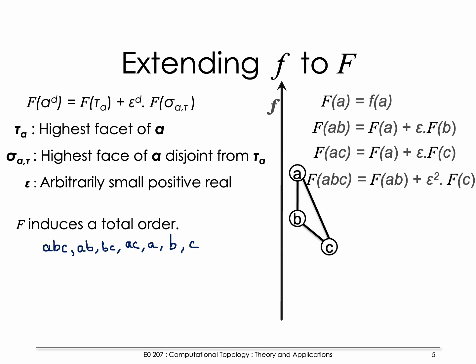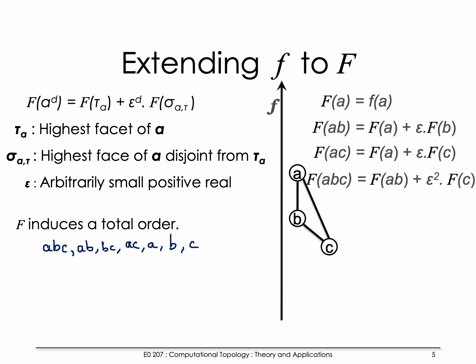One final note, the epsilon is required to ensure this total order, but the actual computation of capital F at the cells need not require epsilon. The partial or the total order is sufficient to do all computations.